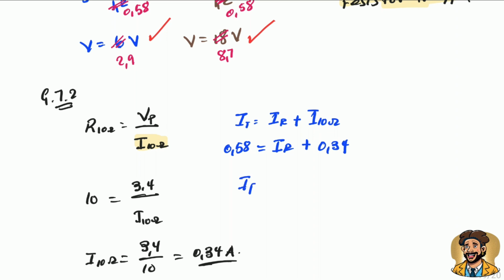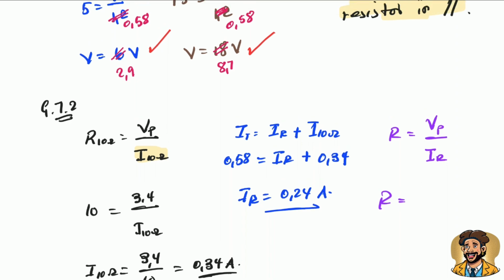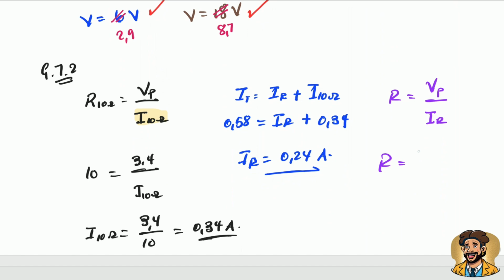The current that passed through resistor R is equal to 0,24 amperes. From here, we once more use Ohm's law to calculate R. R is equal to the potential difference that passed through R, or the parallel connection, which is the same, divided by the current that passed through R. So capital R is equal to the potential difference we just calculated, 3,4, divided by the current that passed there, which is 0,24.